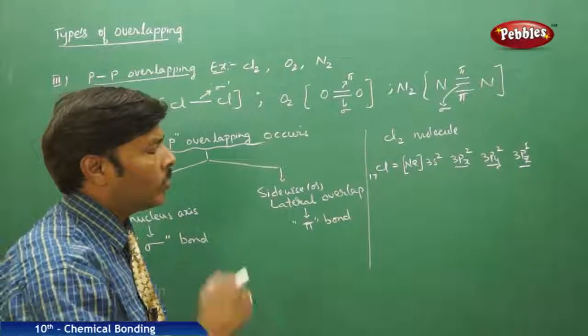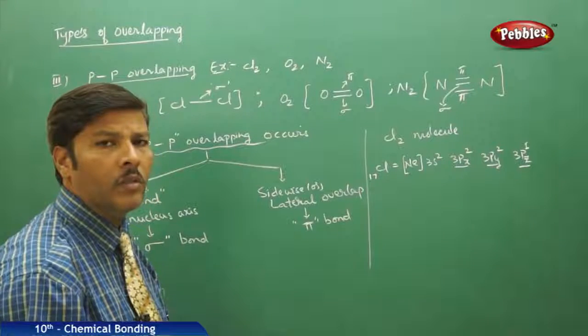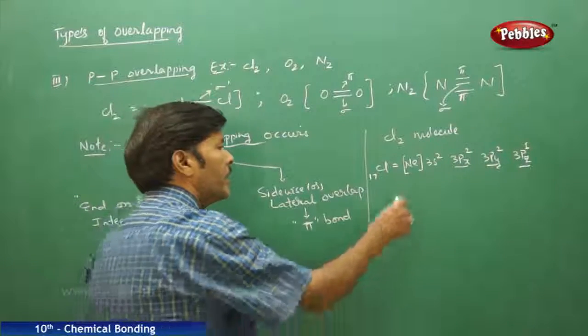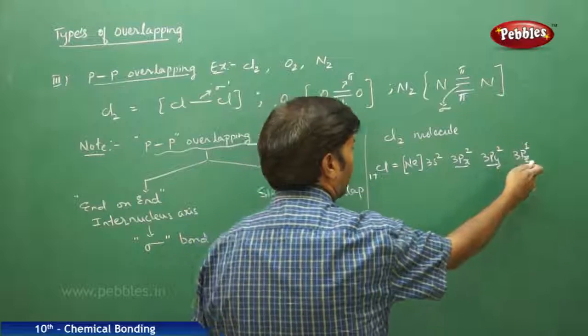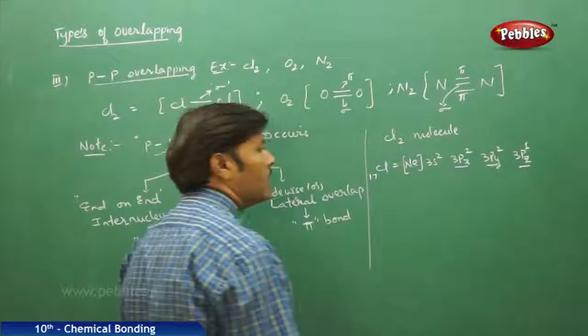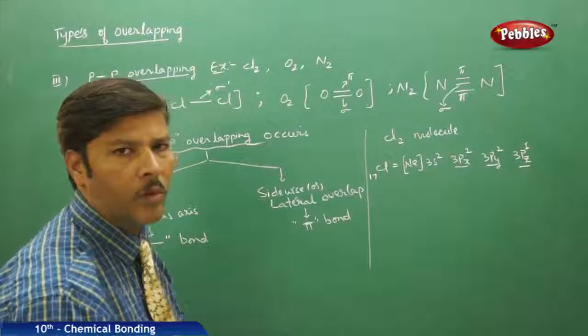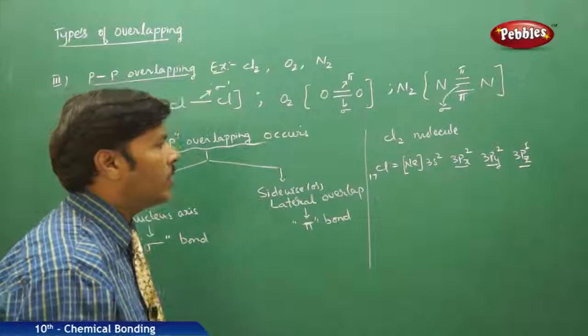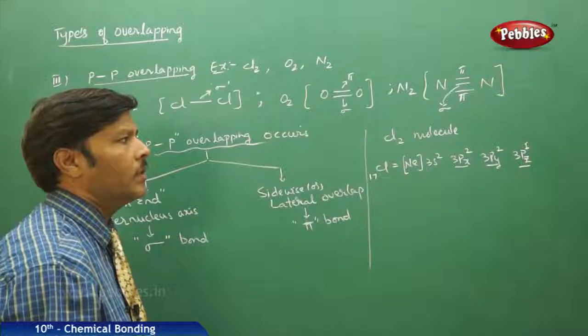Take two chlorine atoms in the chlorine molecule. The first chlorine atom has its 17th electron entering the 3pz atomic orbital, and the 3pz atomic orbital is dumbbell shaped.